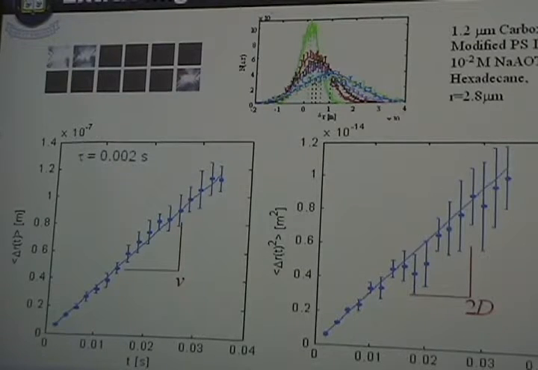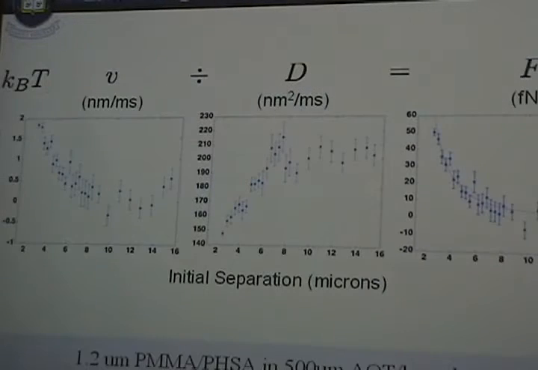And we get our diffusion coefficient, which is just half the slope of the width of the distribution as a function of time. So in a single measurement, in a single configuration, we can measure both the velocity and the diffusion coefficient. And we just do what we said we did. We take the velocity we measure divided by the diffusion coefficient we measure, and we get a force distribution.